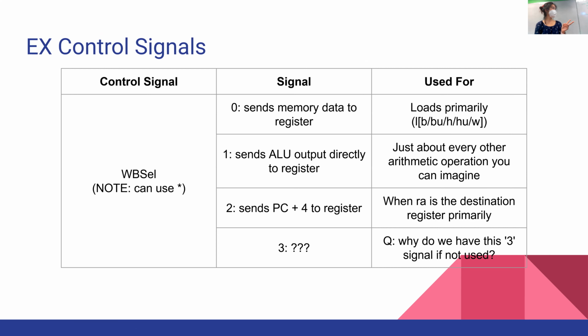A 2-bit selector is by default able to be set to 4 values: 0, 1, 2, or 3. So in theory, you have this random third value that you could set to don't care. It's just going to exist because of the nature of write back selector being a 2-bit selector. Does that make sense? Okay. Yeah, so 3 just exists because it has to exist, because 2-bit inputs require 4 values.